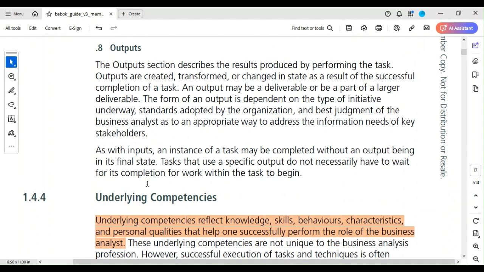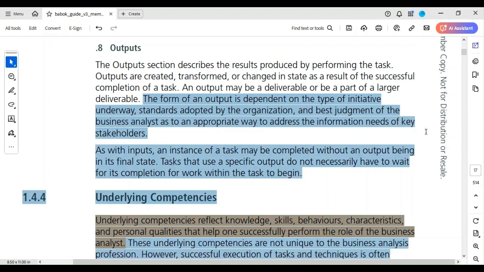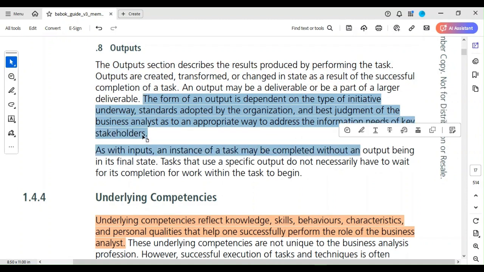The form of an output is dependent on the type of initiative underway, standards adopted by the organization, and best judgment of the business analyst as to an appropriate way to address the information needs of key stakeholders. So I have to take this again because it's good information to underline or highlight. The form of an output is dependent on the type of initiative underway, so the type of project.